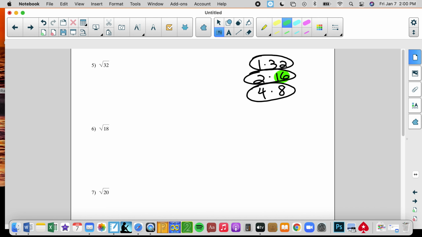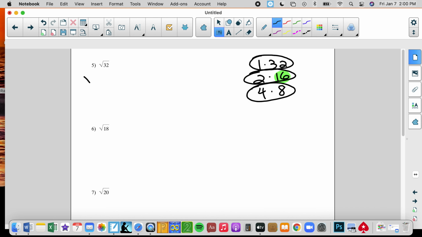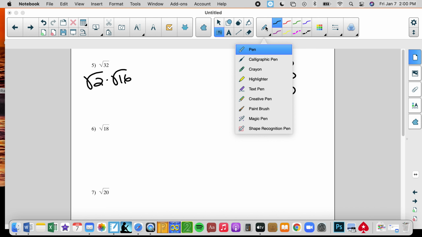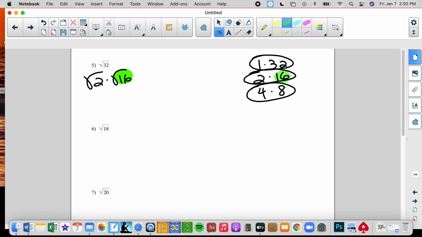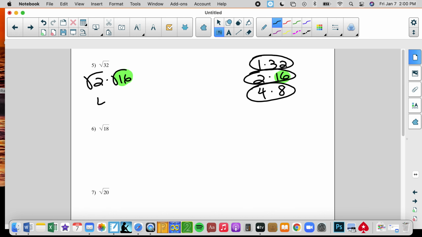Can we break this up? Ooh, I like that, 16. So if I took this radical and broke it into rad 2, rad 16, I like this because 16 is a perfect square. I can simplify this expression. So we get 4 rad 2. The square root of 16 is 4, and then the radical always comes after.